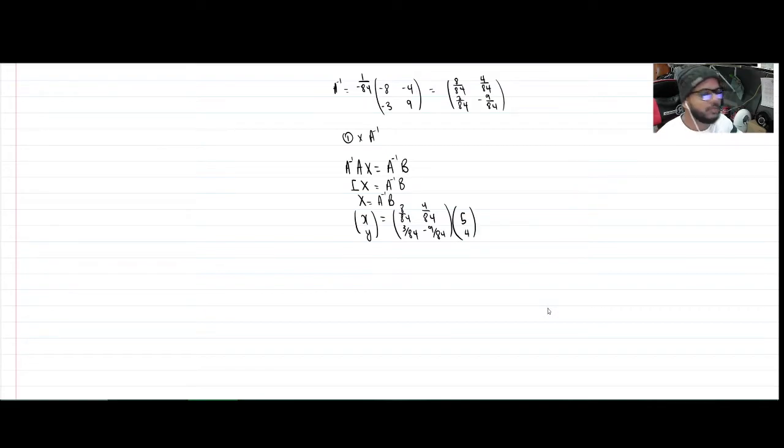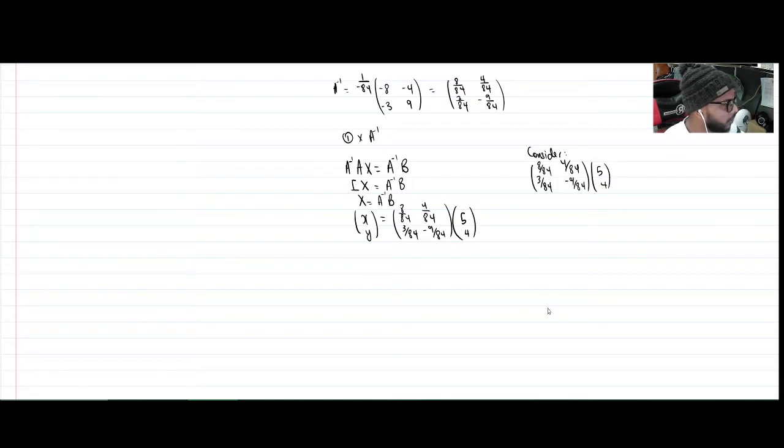So the only type of working we have now is to multiply A inverse multiplied by B. So we'll consider in our working column 8 over 84, 4 over 84, 3 over 84, and -9 over 84, multiplied by 5, 4.